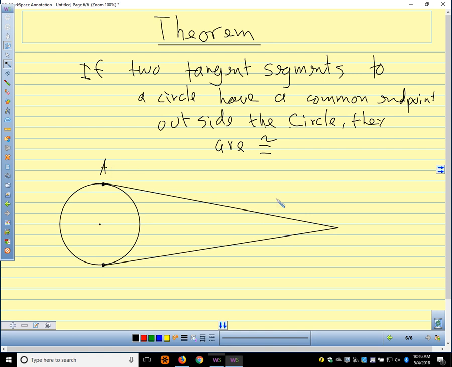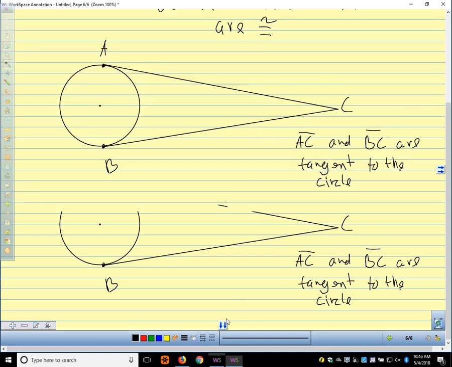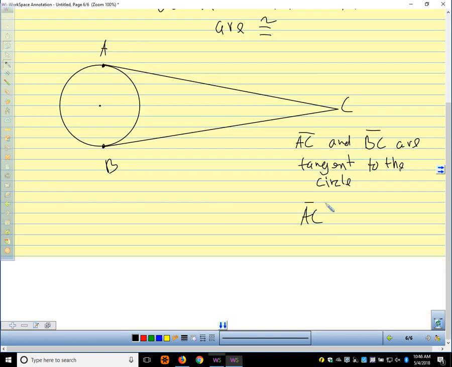I'm going to call this A, C, and B. So we're saying segment AC and segment BC are tangent to the circle. What the theorem tells us is that segment AC is congruent to segment BC.